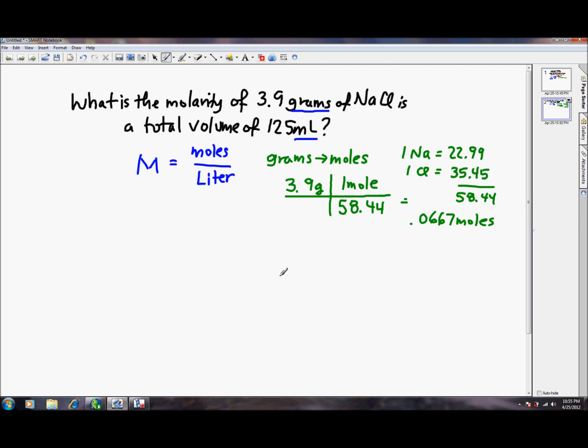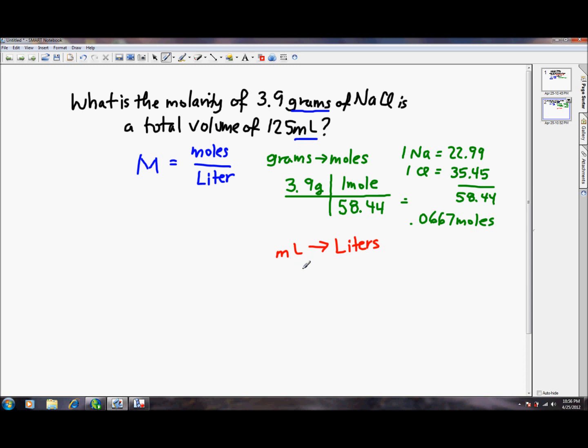Okay, the second thing I'm going to have to do is convert milliliters to liters. Always read your problem carefully, because sometimes the volume is given to you in liters, sometimes it is given to you in milliliters. If it's given to you in liters, no conversion is needed. The number can just be plugged in. If it says milliliters, you have to do the conversion.